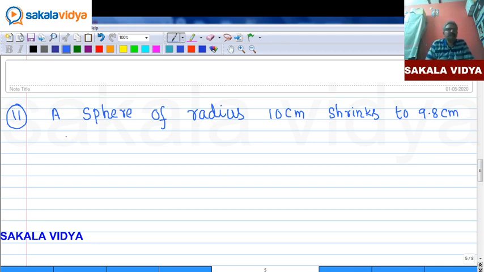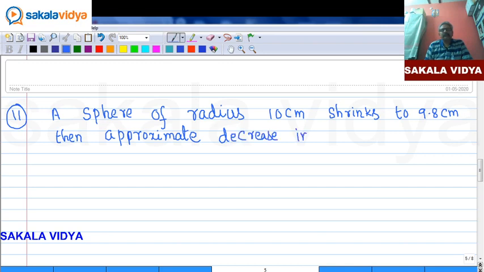Then approximate decrease in its volume.